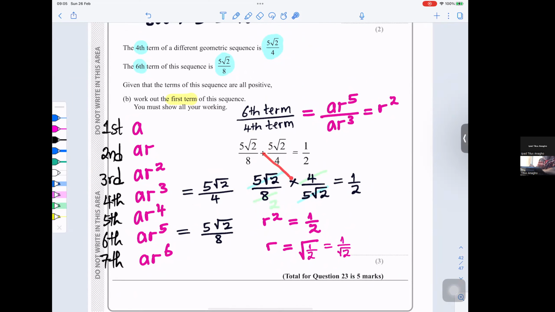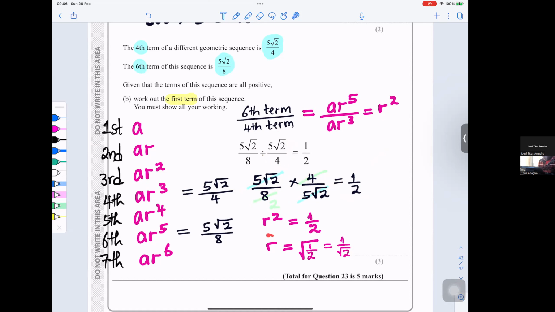Change the divide to a times and flip the fraction. So it becomes 4 over 5 root 2. 5 root 2 will cancel. And 4 divided by 8: 4 divided by 4 is 1, and 8 divided by 4 is 2. So you end up with 1 over 2. So your common ratio squared, R squared, is equal to 1 over 2.